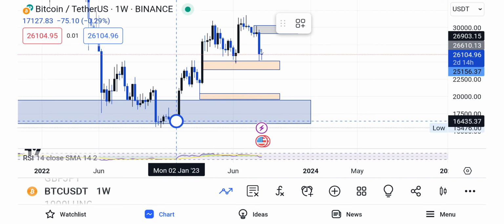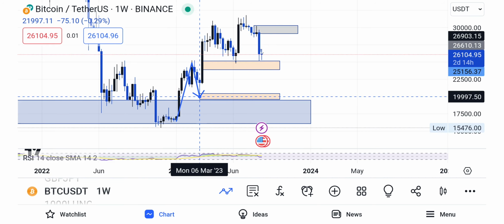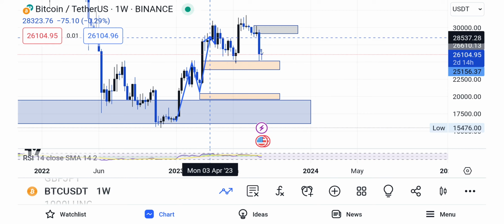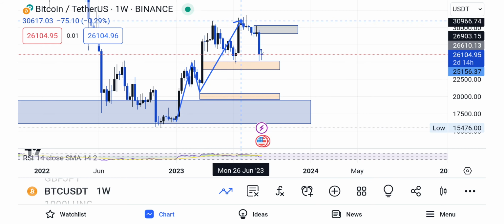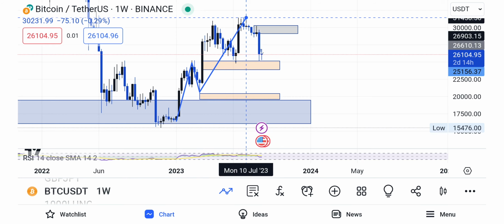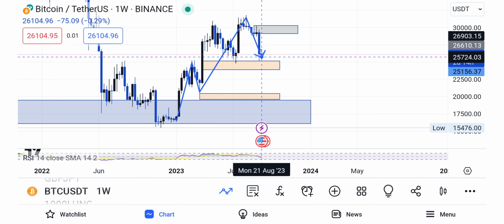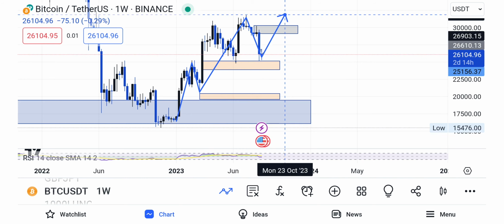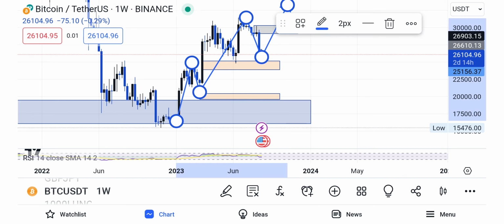Price started here, came to this point, touched down this zone. Came to this point. Okay, I think this is the highest. Let's just take it from here. Now it's tapping this zone, and it's expected that it goes bullish again. It's creating higher highs and higher lows.